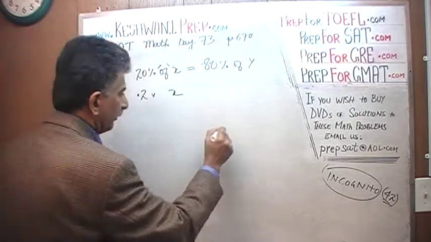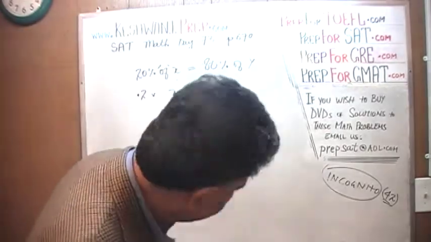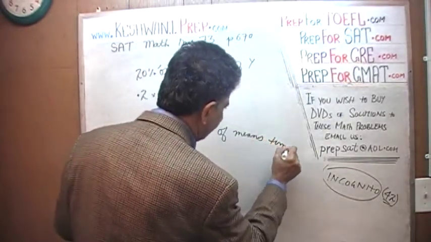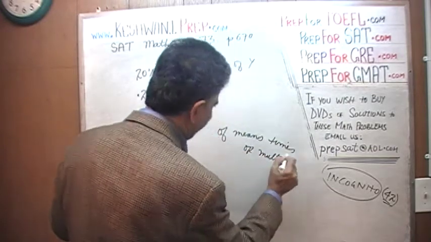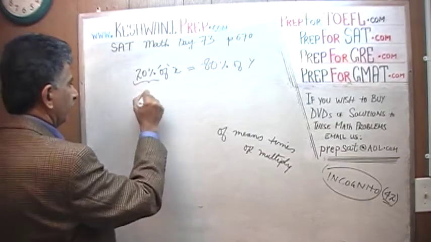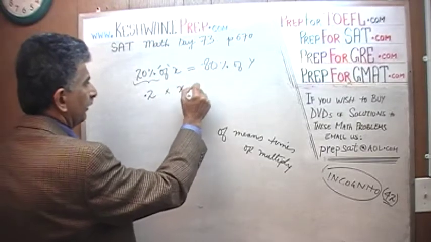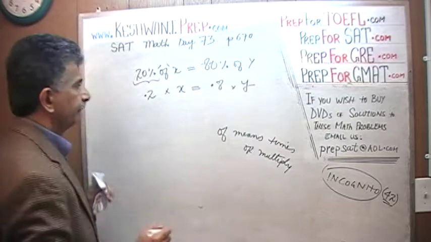Of means times, or multiply. So 20% is 0.2, of means times x. And again 80% will be 0.8 times y.